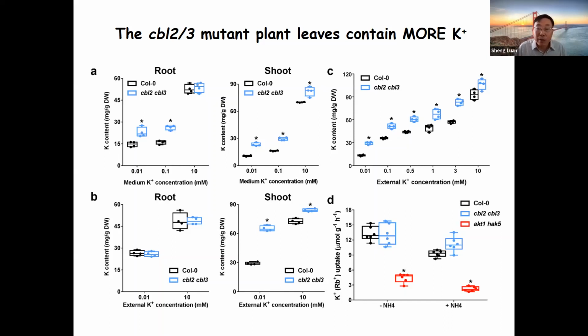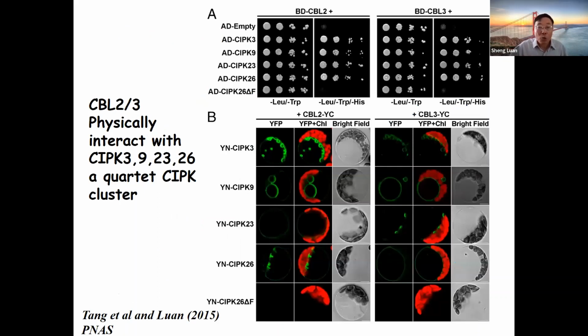And that is very revealing, because if you think about it, if your vacuole can only accumulate but cannot remobilize the potassium out, then you keep accumulating, so the total potassium would be more, right? So that makes sense. That again suggests CBL2 and 3 is probably important for potassium remobilization from the vacuole.